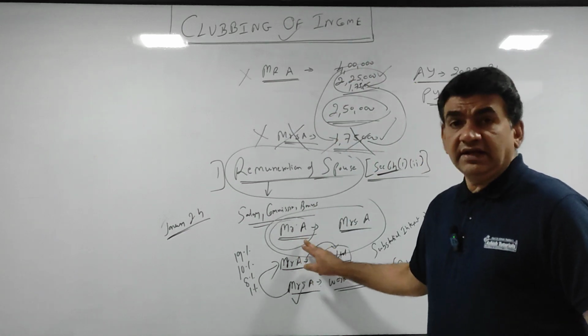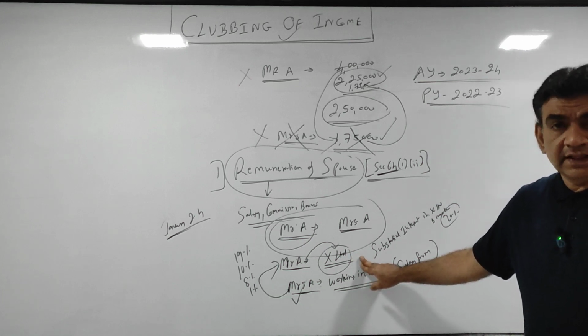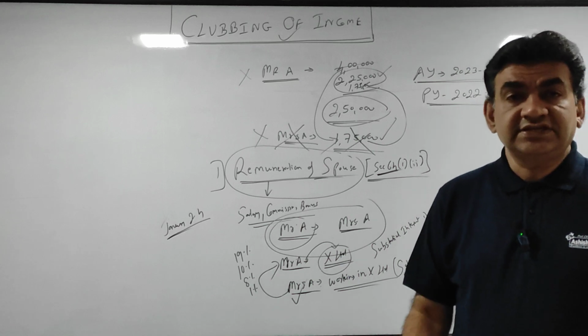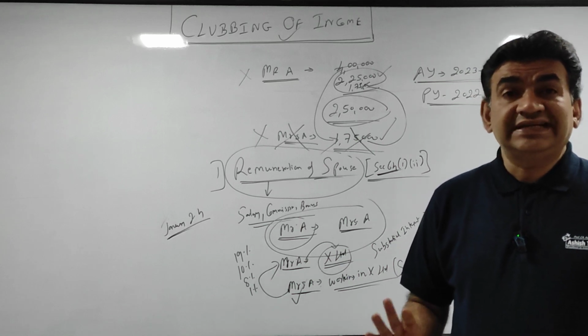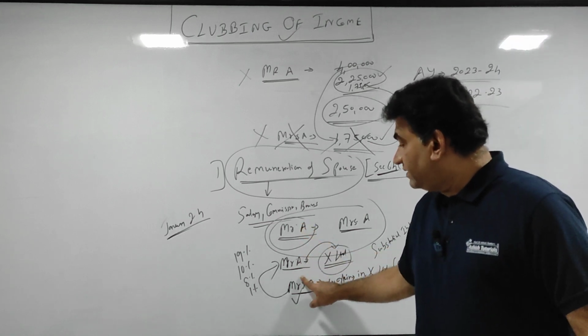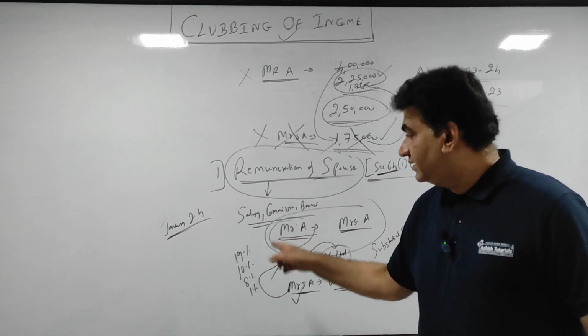Similar example. Both of them are working in a company. Both of them are working in X Limited. Okay. दोनों के पास 25% substantial interest है. So now the question is, Mr. A का Mrs. A में merge होगा या Mrs. A का Mr. A में?